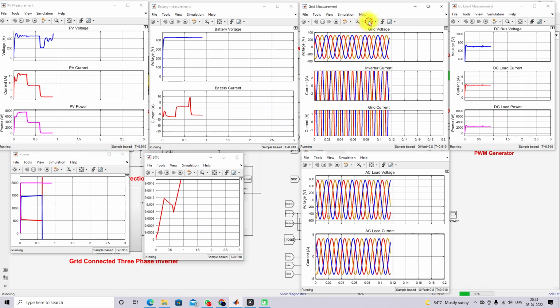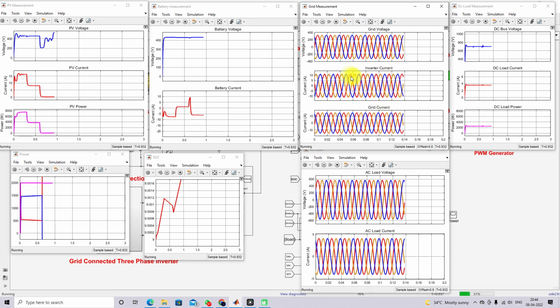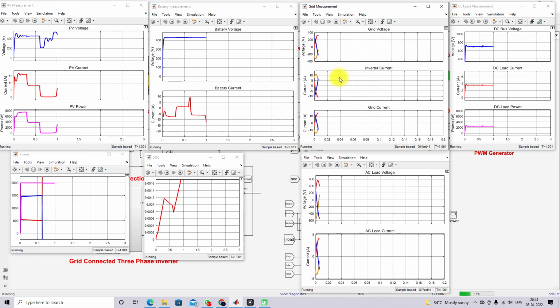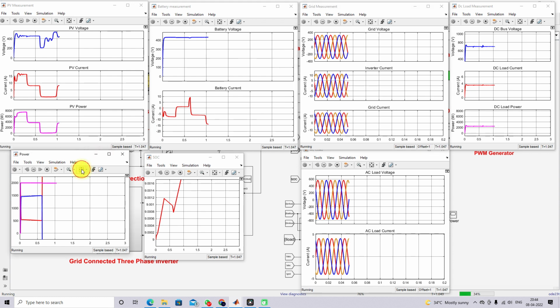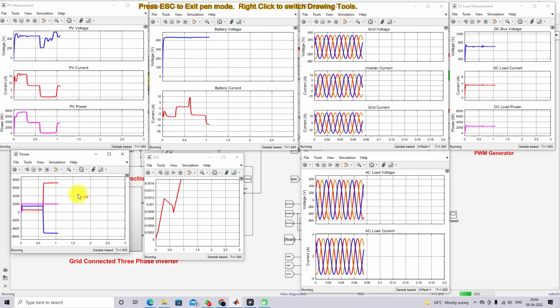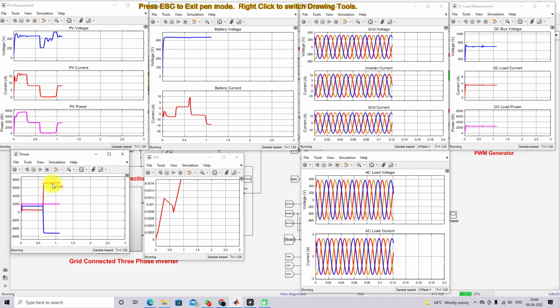Because of that, the grid current changed to 10 amps, that means the inverter peak current changed to 10 amps. This is the grid power, around 700.